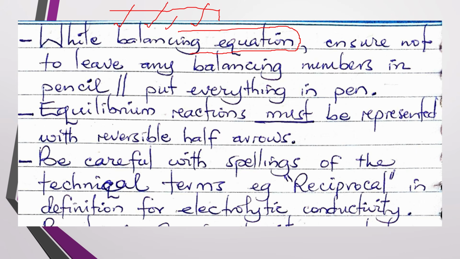When it comes to balancing equations, ensure that you don't leave any balancing numbers presented in pencil. Some of you, when you're balancing, tend to first use a pencil to indicate those digits, and then you forget to transfer them into pen. Notice that if you leave your balancing in pencil, that equation won't be considered balanced, because we tell you that each and every work that you present must be in blue ink or black ink, except for graphs, which we have also said that for the safety of your work, make sure that you also draw your graphs in pen.